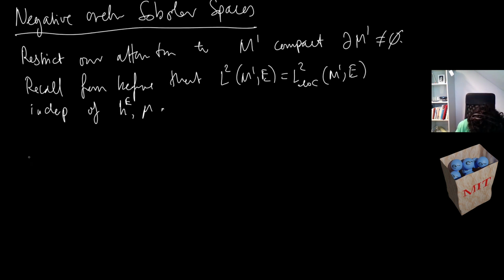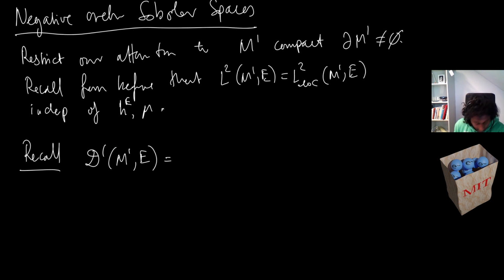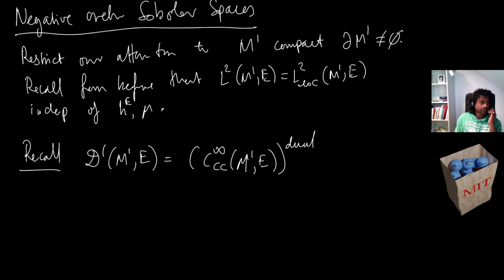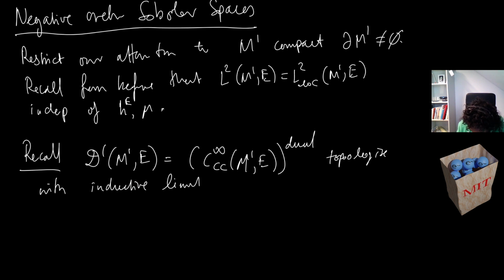So now also recall distributions, right? So what are distributions? Of course we don't need the compactness for this, but this is going to be the dual space, sorry, not the topological dual space, of compactly supported smooth functions on the interior, and we topologize this with the inductive limit topology.